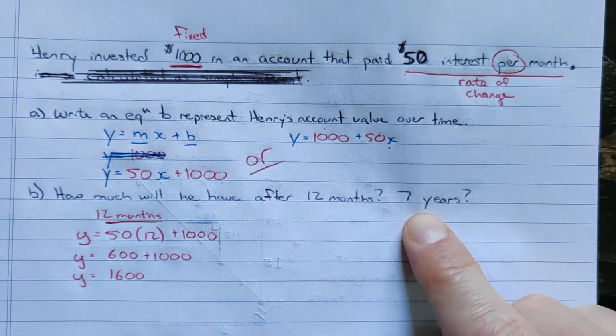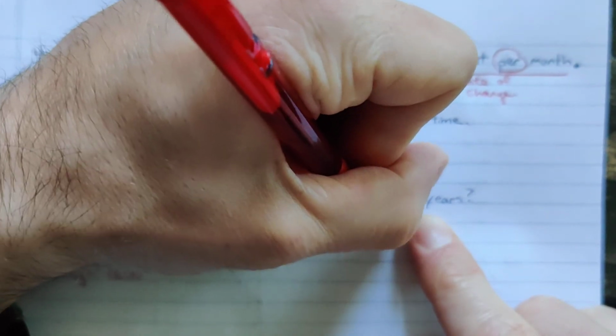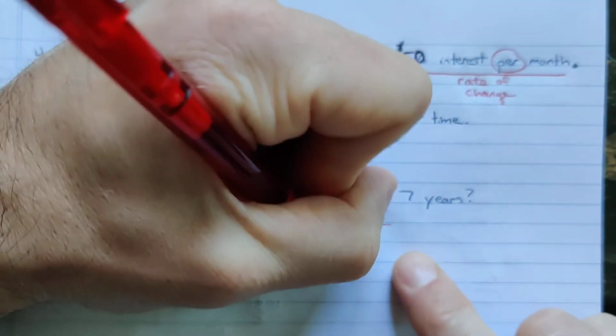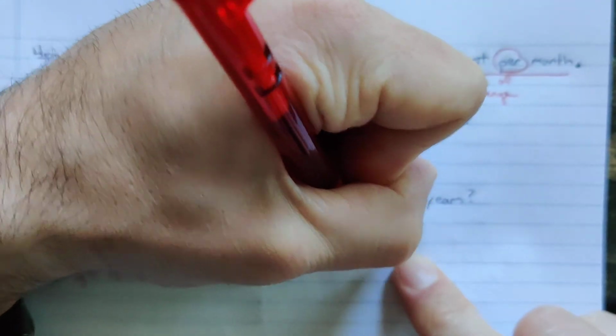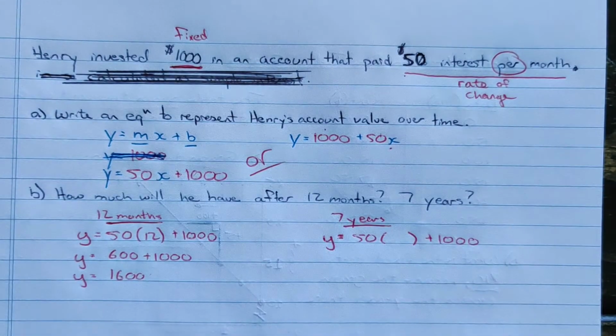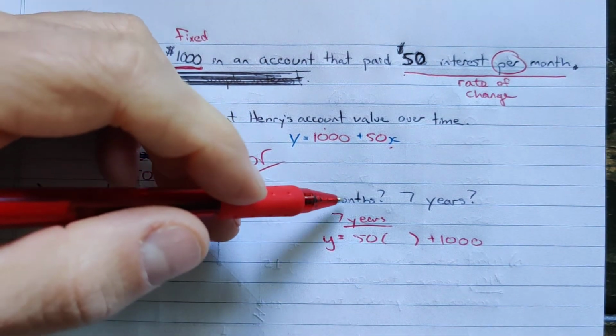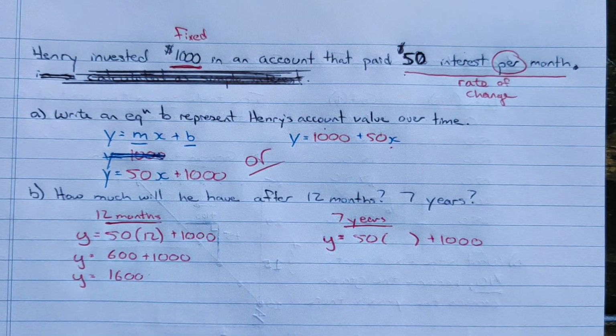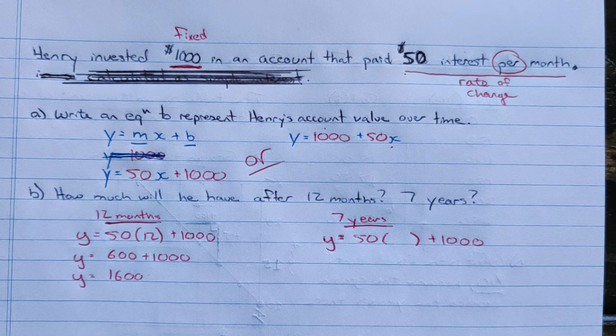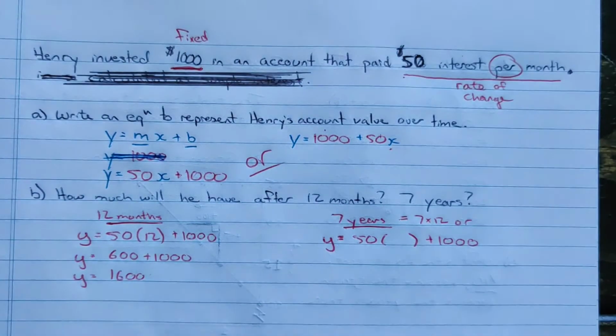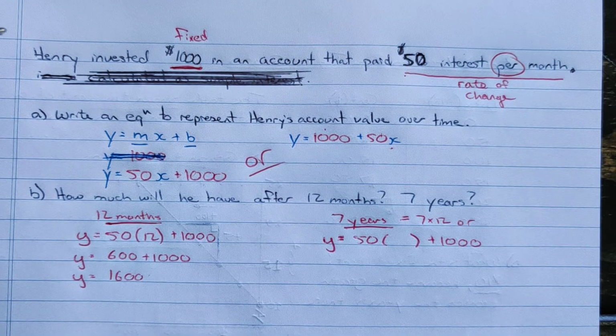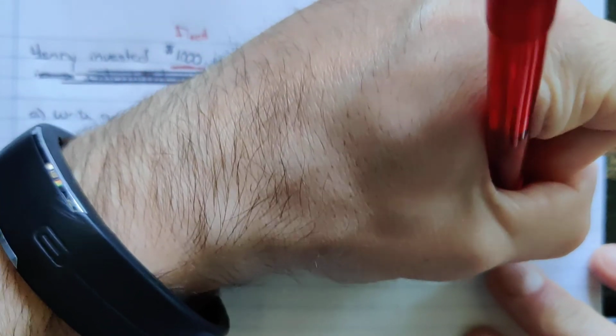Now the next one, 7 years, we do not do 50 times 7. Why don't we do 50 times 7? Because 7 years is not the same as months. Remember, he gets $50 per month, so we need to change that 7 years to months. So it's 7 times 12, which is going to give us our number of months, or 84 months.